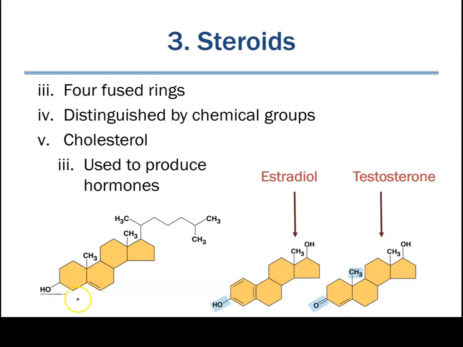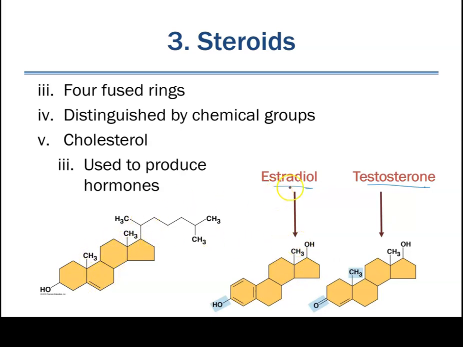So this molecule on the left is a cholesterol molecule. You can see that the basis for that molecule is really similar to the products that come out of it, which in this example are estradiol and testosterone. We talked about these when we were talking about chemical groups. So again, you can see that the backbone is the same, the structure is the same as the cholesterol, they're the same as each other, but have slightly modified functional groups.